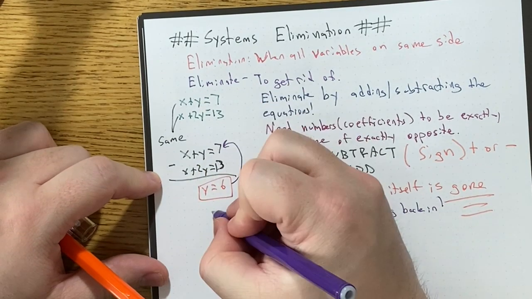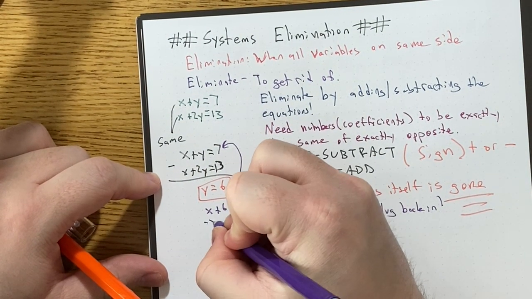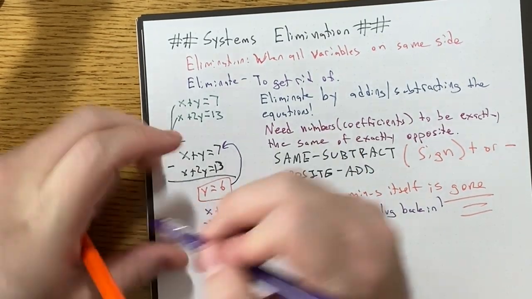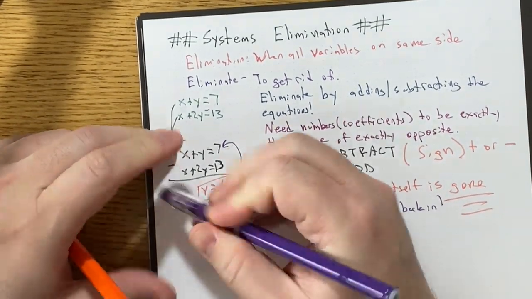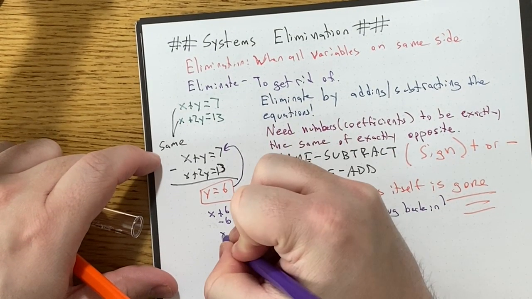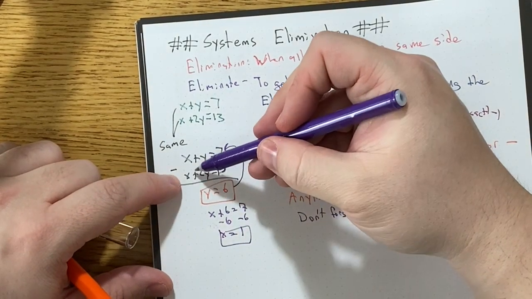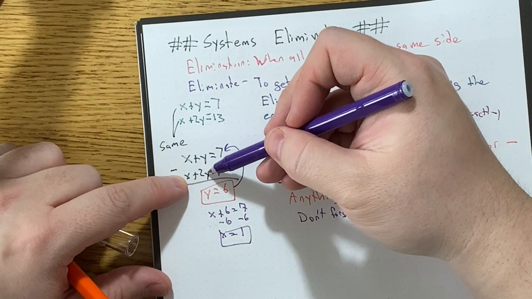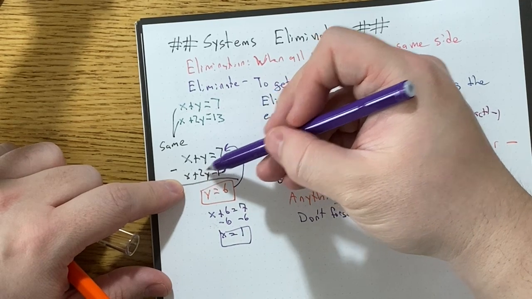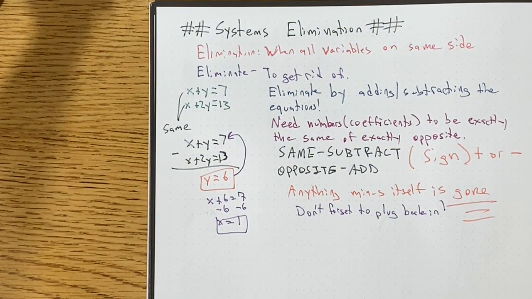So if we plugged it into here, you'd get x plus 6 equals 7 minus x. Oh, what the heck am I thinking right there, huh? Going a little bit crazy right now. Minus 6 and minus 6, you get x equals 1. We can also check it here. 1 plus 2 times 6. 2 times 6 is 12. 1 plus 12 does in fact equal 13, which means we've done it right.